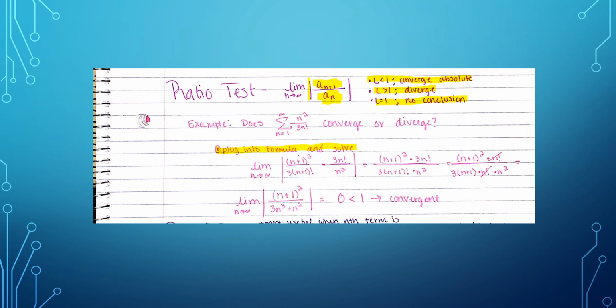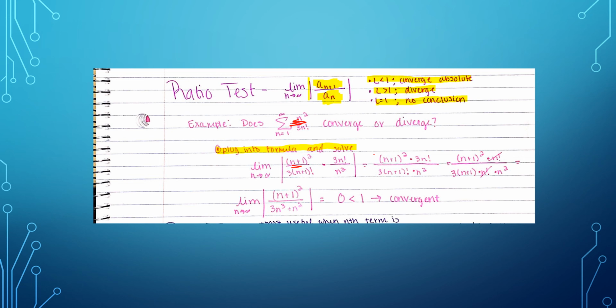We plug the n plus 1 into the n's in our original series, and we multiply that by 3n factorial over n squared, because this is the same as dividing it by the original series n squared over 3n factorial.